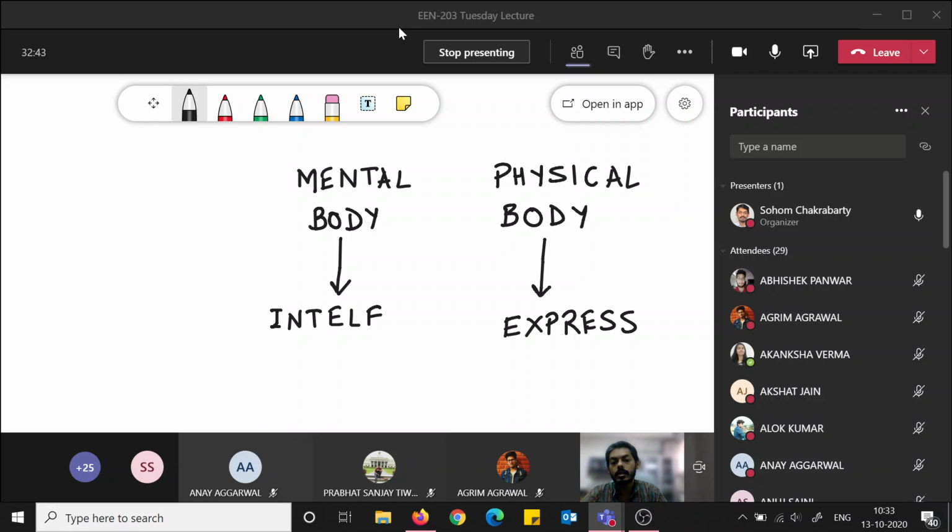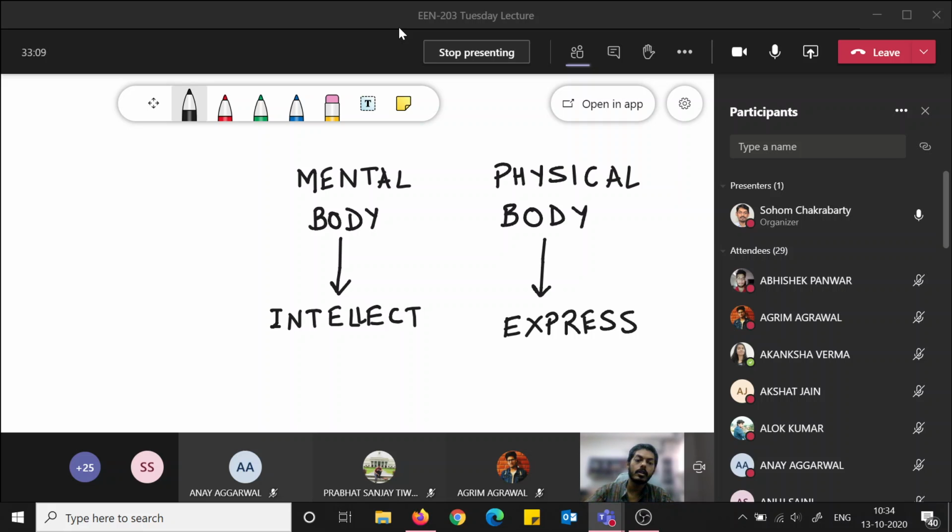Let me write intellect here, because this intellect is basically your personal intellect, and it comes through intelligence, memory, all these things are in the background while expressing this intellect. I think this would be double L probably. So this is what your mental body is doing.